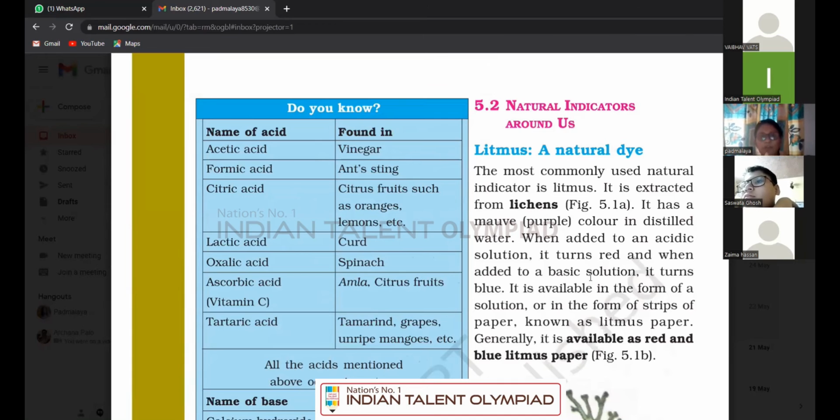A very important point is that the color change of a substance can take place in the aqueous medium only. There will be a change in water color there. You cannot take a concentrated acid or a concentrated base to test your litmus papers.